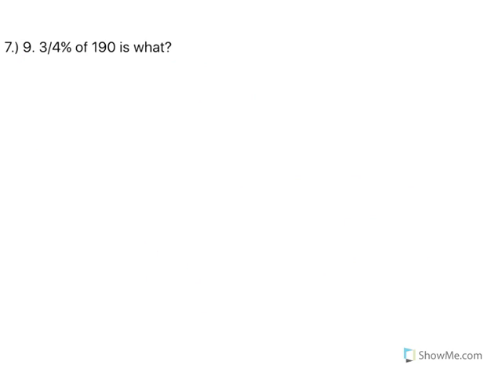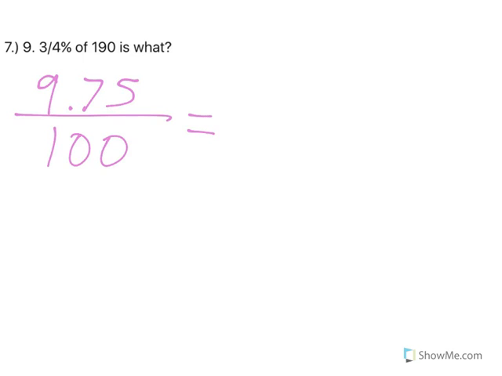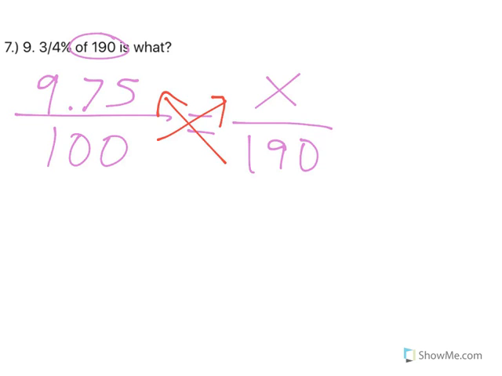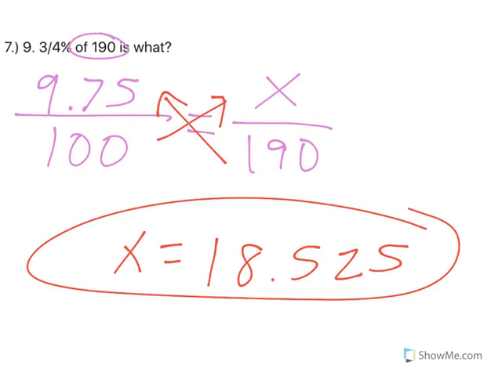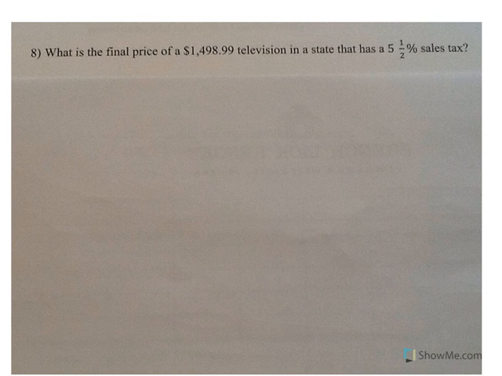Number 7, 9 3/4, that's 9.75%, so percent over 100. Remember, 3/4 is 0.75, so 9.75% of 190 is what? Cross multiply, x equals 18.525.